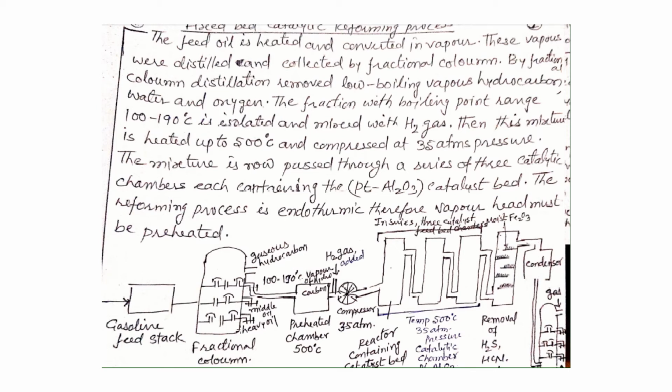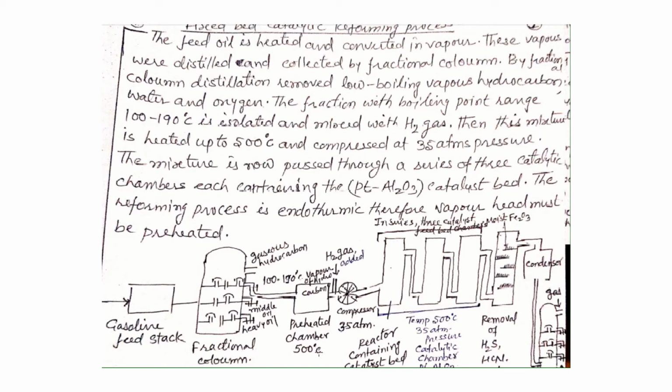Then the heavy oils and tar are also separated by the fractionating column, and middle oil is also separated. Only the hydrocarbons with boiling point between 100 to 190 degrees centigrade are taken up for the further reforming process, collected from the fractionating column.